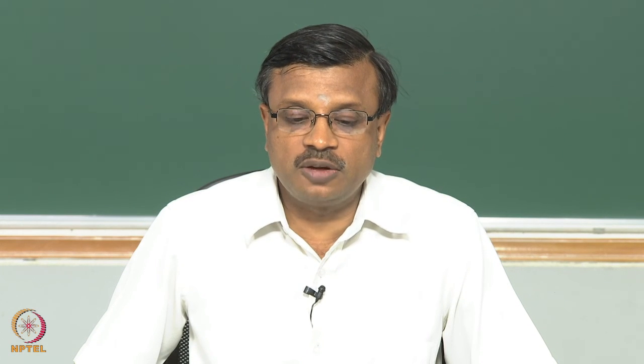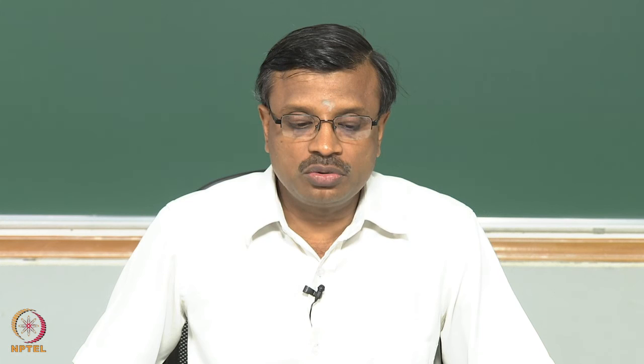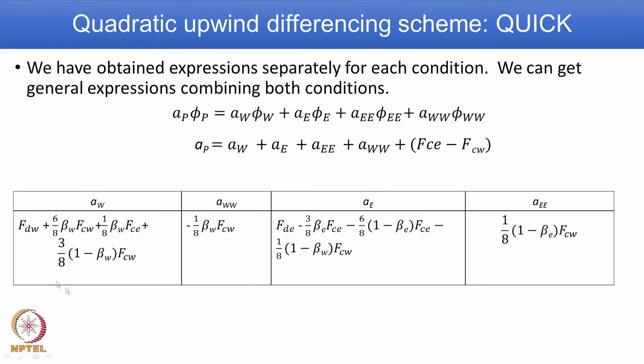Even if it is a QUICK scheme, switch between nodes according to the direction of the flow. To enable that, we have introduced a new coefficient, what is written here as beta. So, beta is a coefficient that decides the direction of the flow. Accordingly, the switching between the left side or right side will be taken.